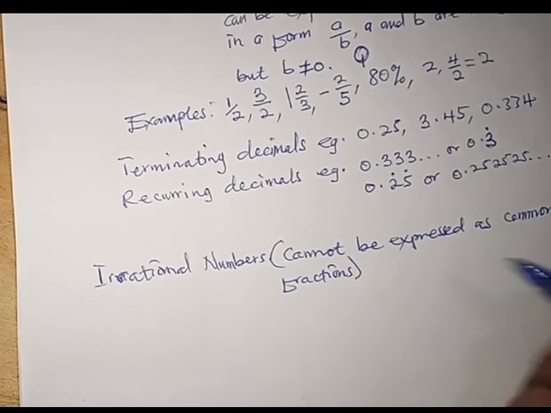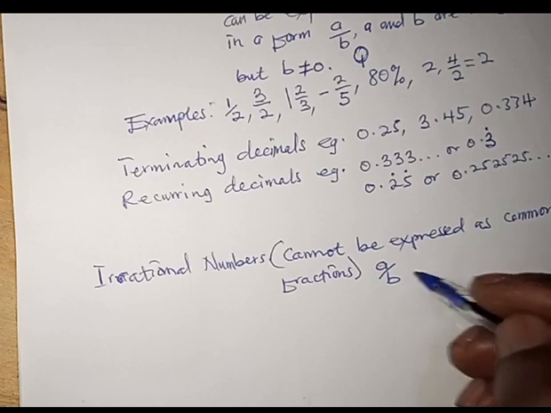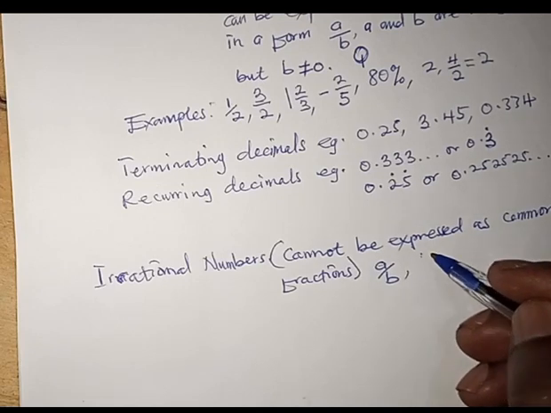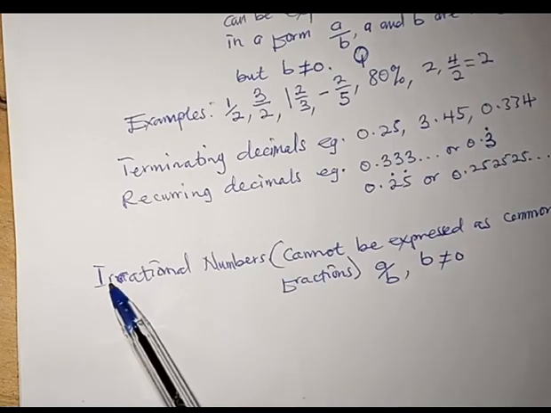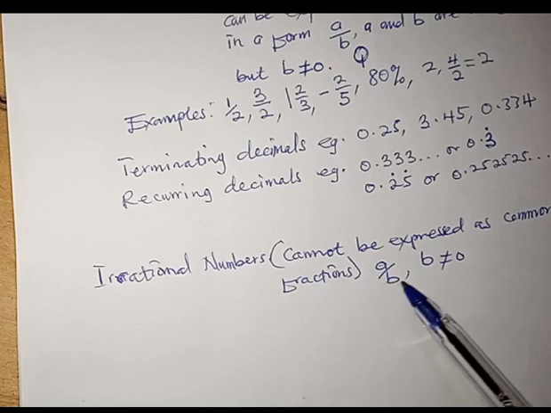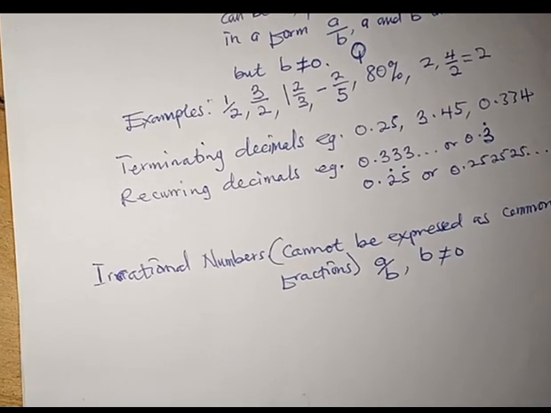Okay, great. So we can't express irrational numbers as a over b, where a and b are integers, but b shouldn't be 0. We can't express irrational numbers in this form. Okay, so that is what we are talking about.